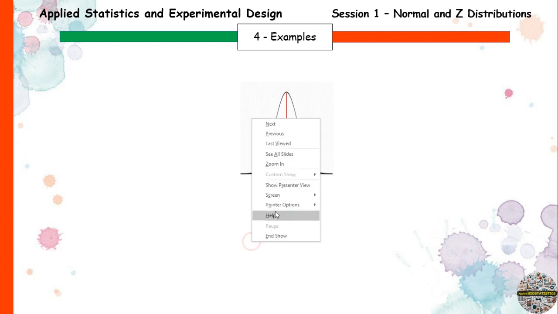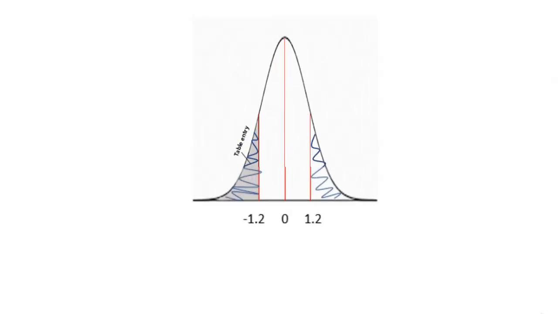So let's look at this distribution. As you can see, this is minus 1.2 and this is plus 1.2, and I want to repeat this important fact that the probability of this area means the probability of values equal or less than minus 1.2.